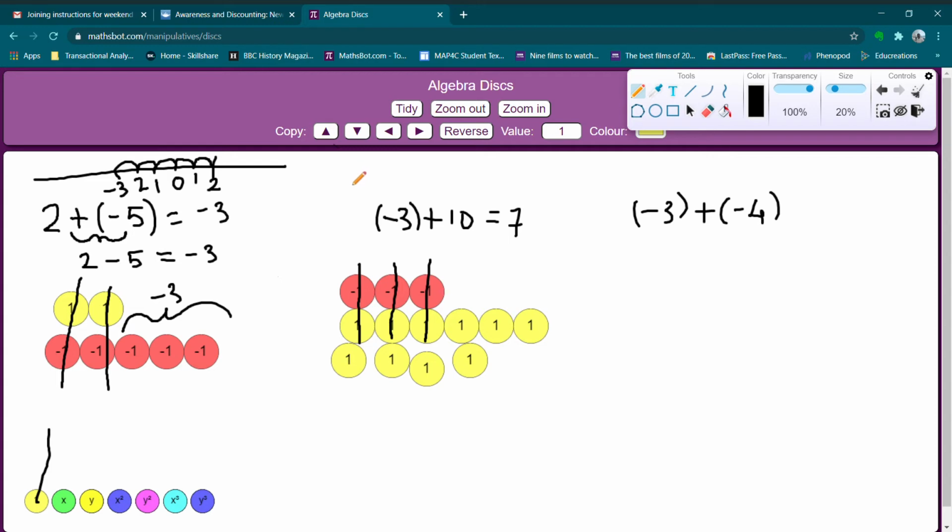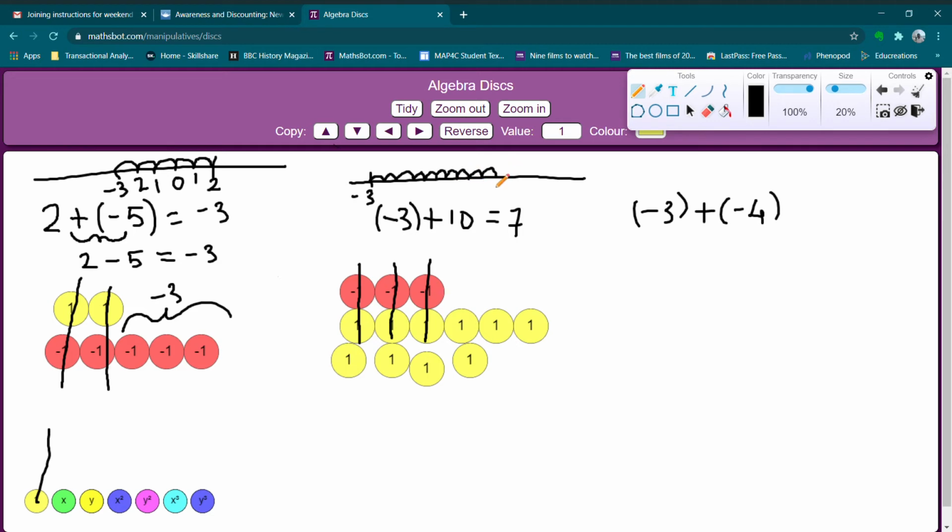Now, how do you think about it in the number line? So we go here, negative 3. And because we are adding a 10 to it, and remember, if there is no sign in front of the number, we can assume that that is a positive. So here we are adding a positive number, even though we don't write the sign there. So we have to move 10 places to the right: 1, 2, 3, 4, 5, 6, 7, 8, 9, 10.